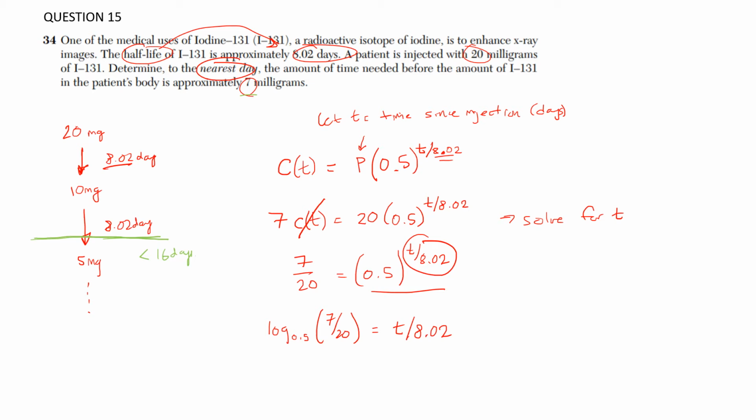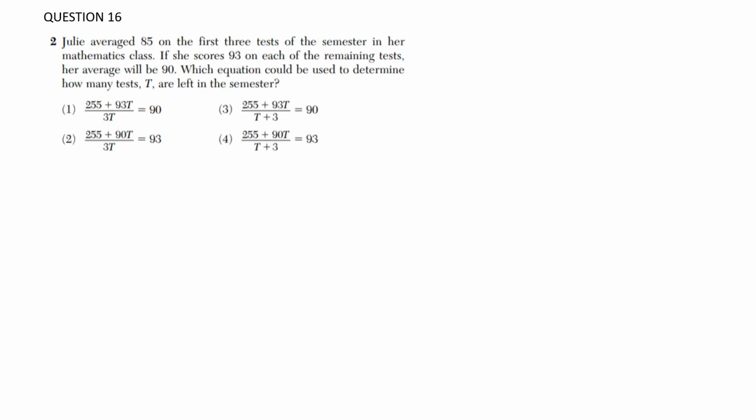Then we'll multiply both sides by 8.02: 8.02 times log base 0.5 of 7 over 20 equals t. When you put this into your calculator, you will get t equals 12.14 days, and they said to round to the nearest day. That'll give us 12 days. That's our final answer.